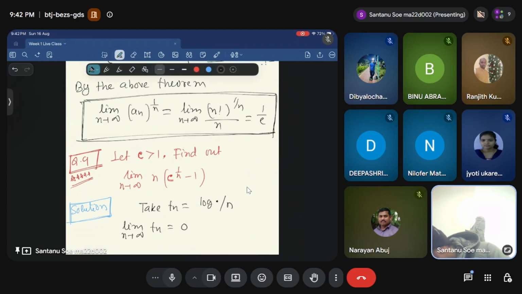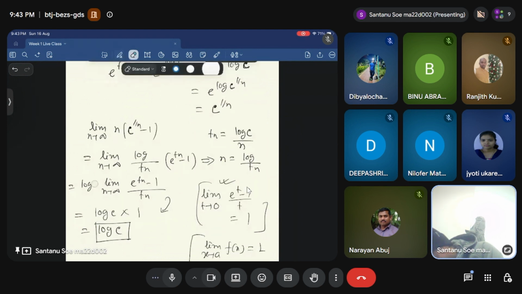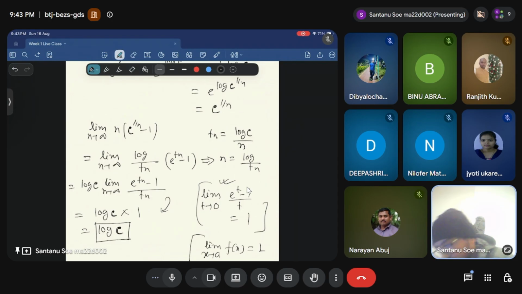This is C. This is E. This is also E. Okay, this is C. This is also E. This is C. This is C, this is C, this is E, and this is C. Okay, and this is also C. Yeah, is it clear now?